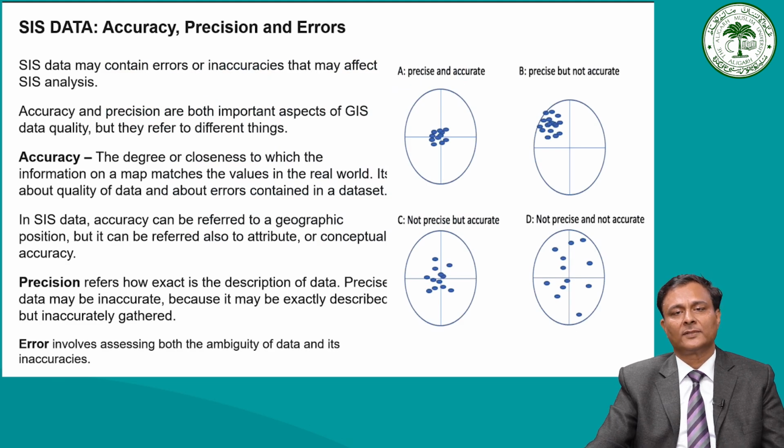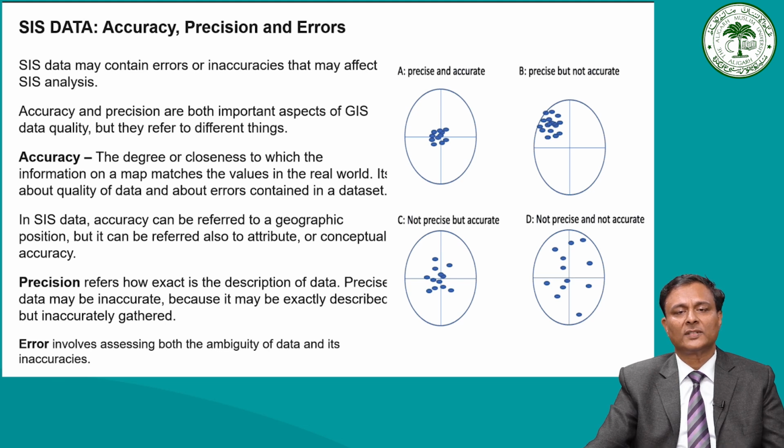The power of spatial information science exists in its ability to use many types of data related to the same geographical area, integrating different data sets within a single system and performing the analysis.